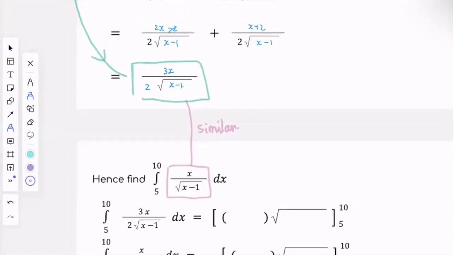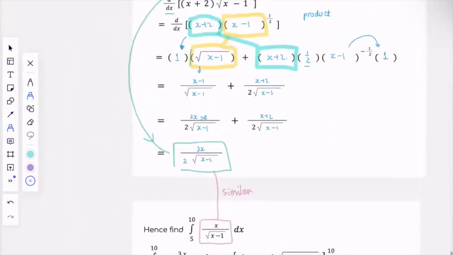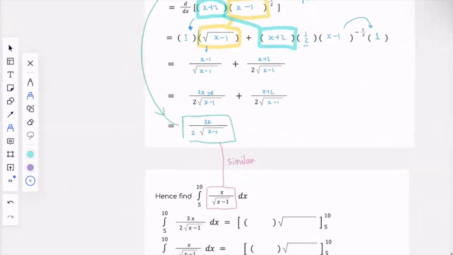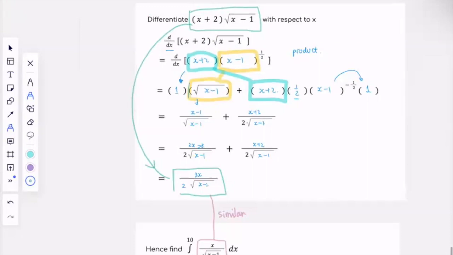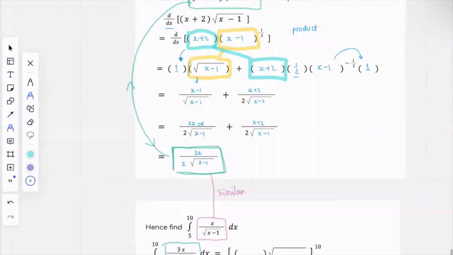What must we do? First of all, don't do it directly. We just copy. We just flip. We just reverse the differentiation into integration. So the integration of 3x over 2 root x minus 1 is this thing here.